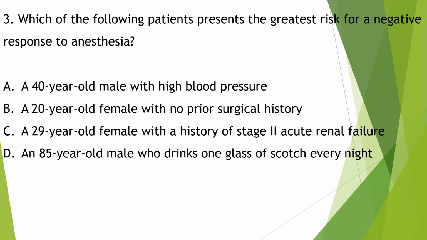The anesthesiologist must thus reduce the amount of anesthesia used during the surgery when the patient is having a problem with their liver or kidneys. So here, the 29-year-old female with history of stage 2 acute renal failure is at greatest risk for a negative response to anesthesia.